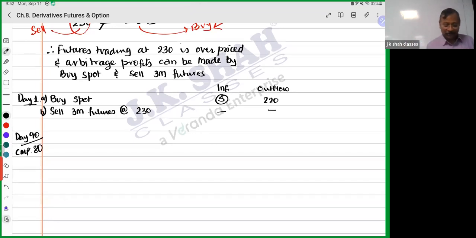Now, what should I do? Sell spot. Okay. When I sell spot, what will be the inflow, outflow? Kya hoga? 80 will be inflow and stock goes out. Okay. फिर ये futures का क्या होगा?